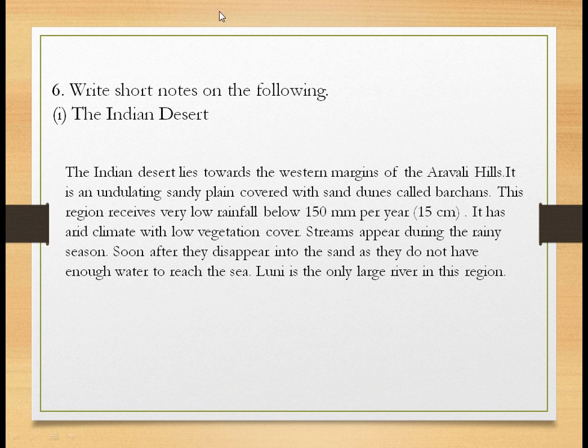Okay, first the location where it is, then vegetation, then the climate and rainfall, and after that the river Luni and so on.